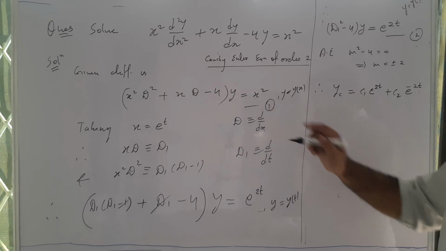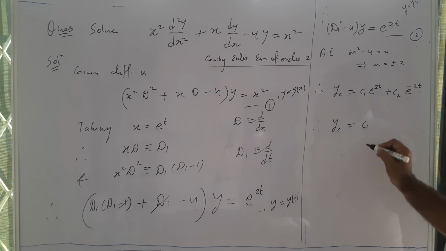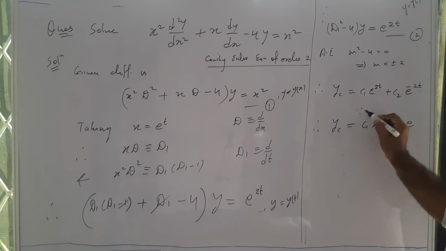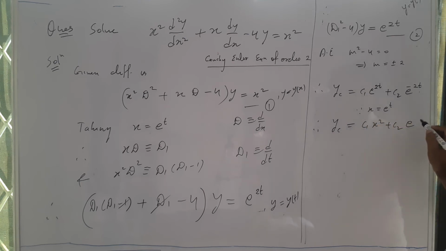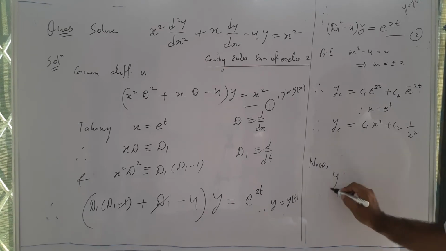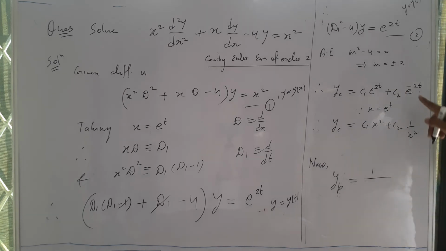But we need the solution of equation 1. Therefore the complementary function is c1 x squared plus c2 by x squared, since x is e to the power t. Now we calculate the particular integral yp.